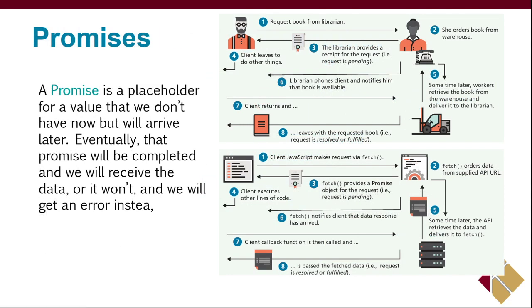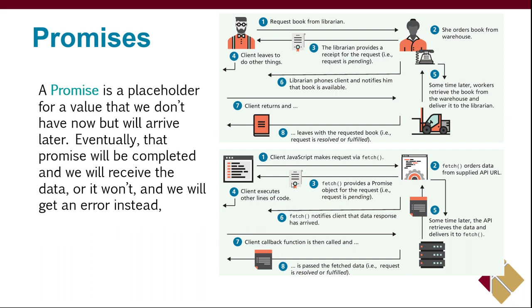Okay, this is more about promises. A promise is a placeholder for something that we don't have now, but we're going to get. Eventually it's going to get completed. So the thens are promises. The client makes a request via fetch. Fetch is like, hey, please give me my data, right? While that's waiting, fetch provides a promise.